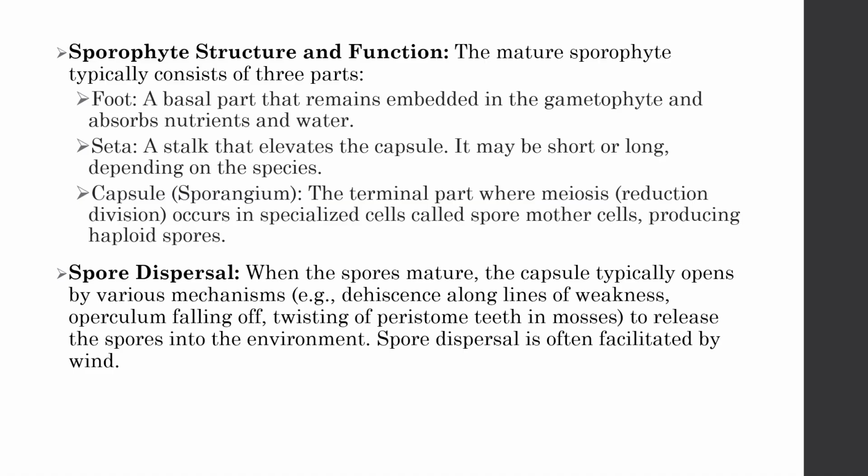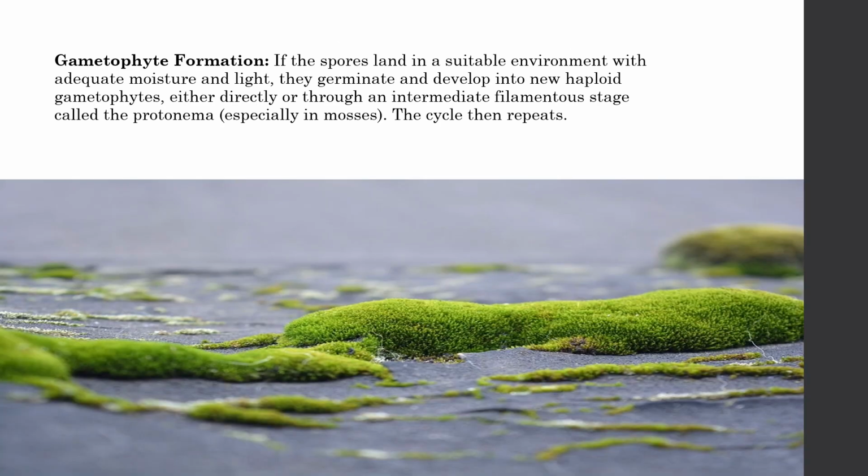Coming to spore dispersal, when the spore matures, the capsule typically opens by various mechanisms to release the spores into the environment. And this dispersal is often facilitated by wind. So the fusion takes place with the help of water and spore dispersal is facilitated by wind.